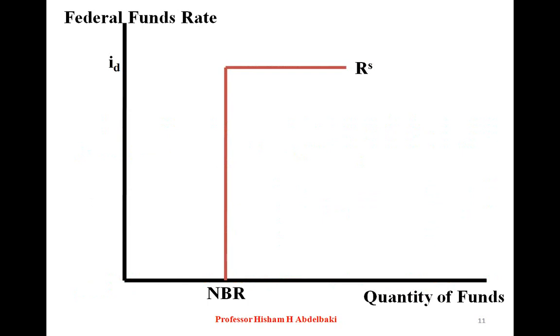Equilibrium is the interaction between demand for reserves and supply of reserves. We can find the equilibrium position by using equations, as you studied in ECON 140. We can understand equilibrium position by using equations if we have a demand equation and a supply equation, or by using schedules if we have a demand schedule and a supply schedule, or by using curves, as in this case where we have a demand curve and a supply curve.